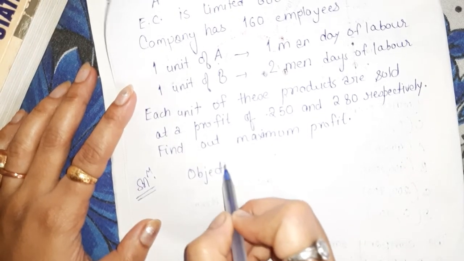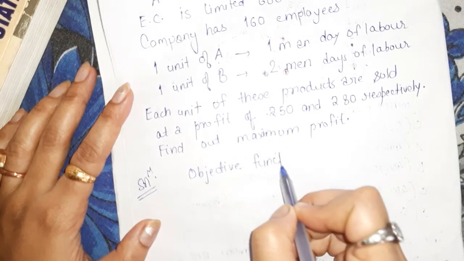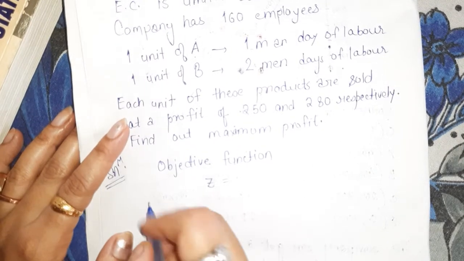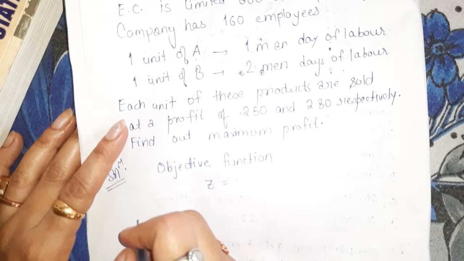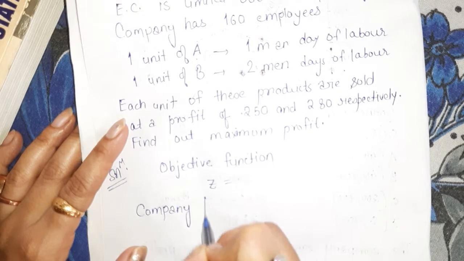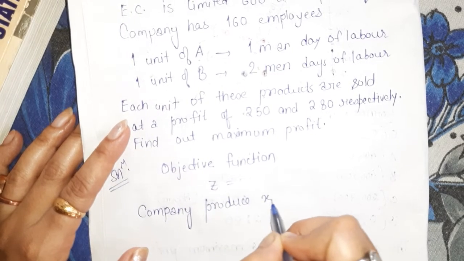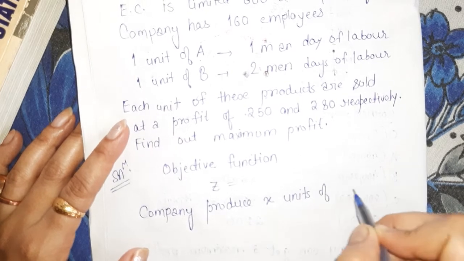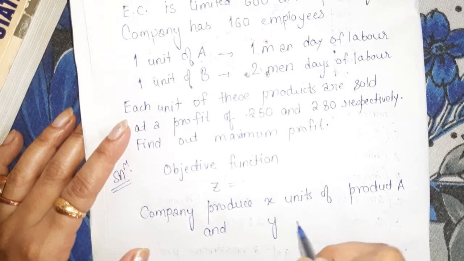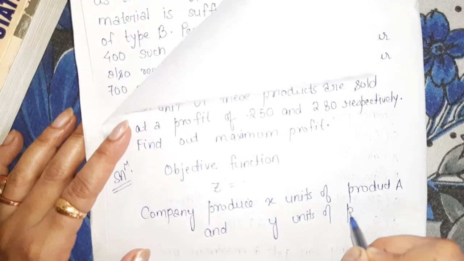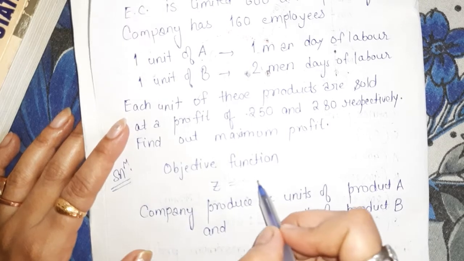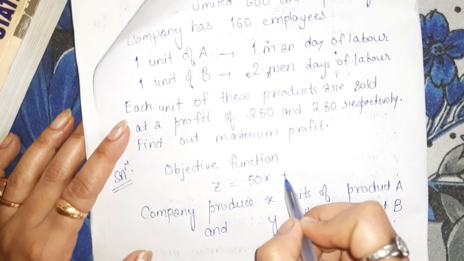Your objective function will be Z, and you consider that the company produced X units of product A and Y units of product B. Okay, then the objective function will be 50x plus 80y.